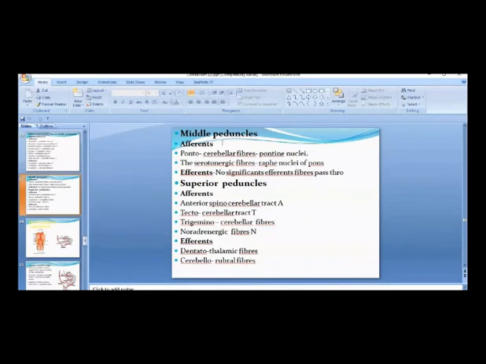In case of middle, from the pons, so pontine neurons, pontocerebellar and cerebellar fibers, no enemy. In case of superior cerebellar, ATN, not ATM: anterior spinocerebellar, tectocerebellar, trigeminocerebellar, noradrenergic. And efferent is from the dentate nucleus of the cerebellum to the thalamus, so dentatothalamic, and to the red nucleus, so cerebello-rubral. Do you understand?